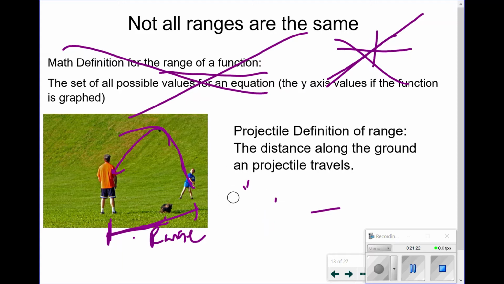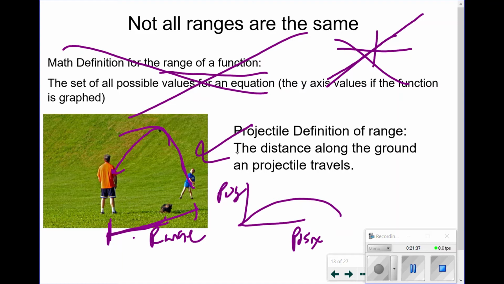If I am doing a graph of my y values for position versus my x values for position, I should see a parabola just like the path here, because that's exactly what we have. These are my x-axis positions along the ground. These are my y-axis positions up in the sky. So again, range for us will only be the distance along the ground only.